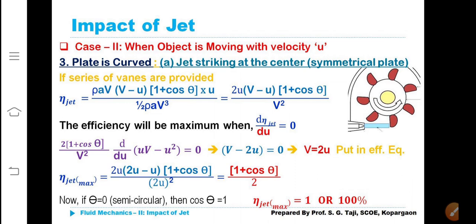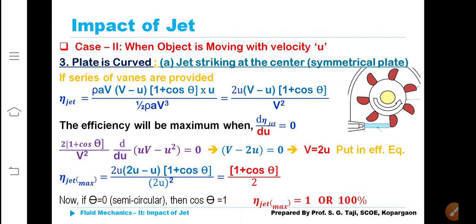Okay, fine. Till last class, we were discussing and we have understood about the symmetrical curved plate when it was moving, how the work done can be calculated and kinetic energy can be calculated, and hence efficiency of the jet.